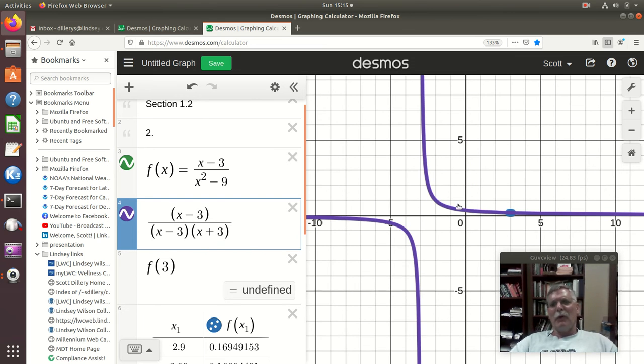And if you don't believe me, look, they're sitting right on top of each other. So I factored that, and really this is just 1 over x plus 3, but 1 over x plus 3 is just 1/6.